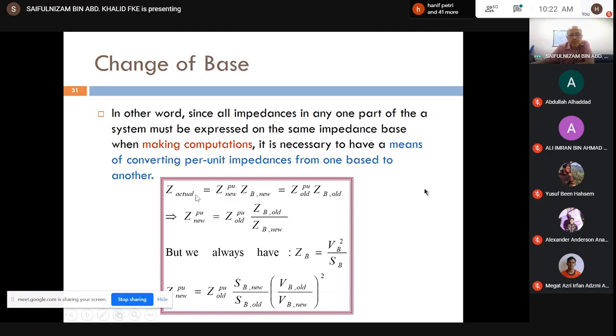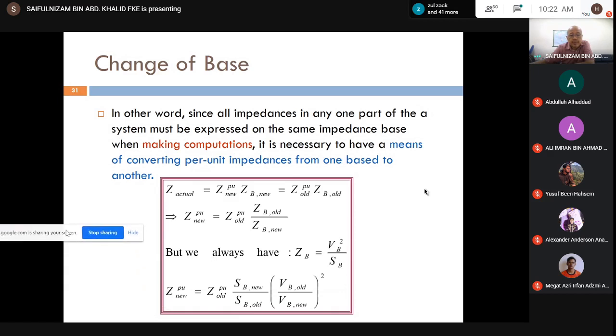This is how to obtain the new per unit impedance referred to the chosen base value, base kVA or MVA and base voltage. Remember, there must be two base quantities. You have to choose these two quantities, the base for voltage and the base for the power, kVA or MVA.